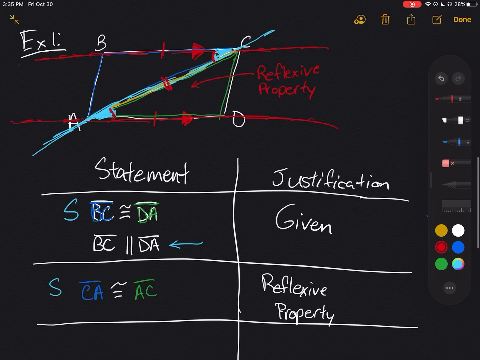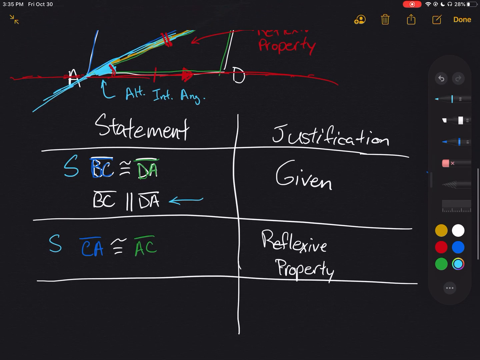And I know that because I used alternate interior angles. As you can see, these properties that we've used in the past are starting to pop back up.